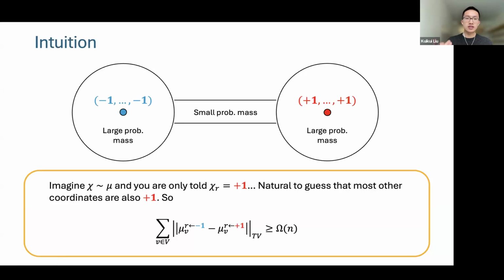And therefore, it's natural to guess that most of the other coordinates are going to be +1 as well. And so this is an informal way of saying that this spectral independence parameter must be large, at least linear in N. So this is the contrapositive way of reasoning, or getting an intuition on why spectral independence implies fast mixing.